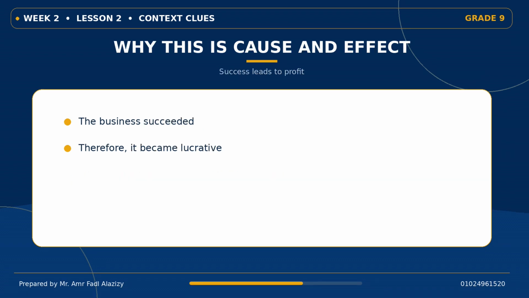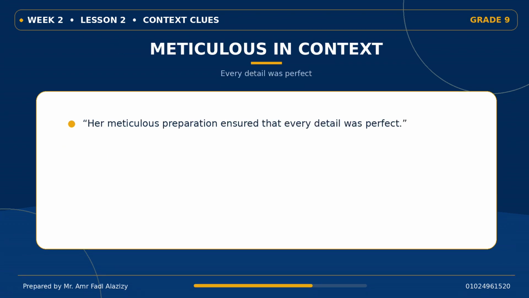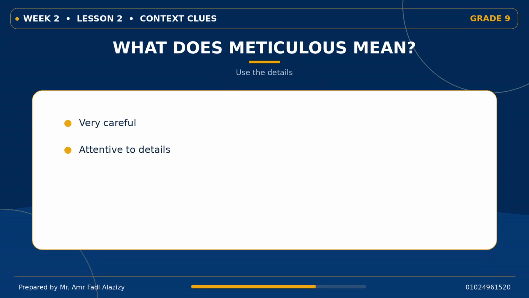The business succeeded, therefore it became lucrative. Here is another example. "Her meticulous preparation ensured that every detail was perfect." The phrase every detail was perfect helps us understand the word meticulous. Meticulous means very careful and attentive to details.